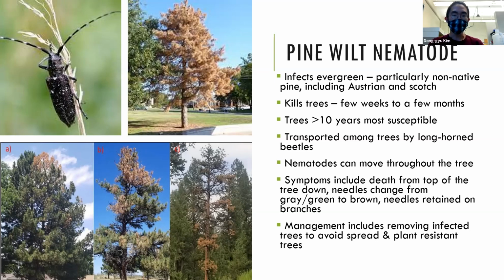So it is a good indicator, I guess, that particular pine trees are affected by this nematode. Management for this nematode is fairly straightforward, with the removal of the infected trees to avoid further spread of this nematode by its vector, and planting resistant trees if you do have to introduce pine trees into a region where this nematode is essentially confirmed to be present.